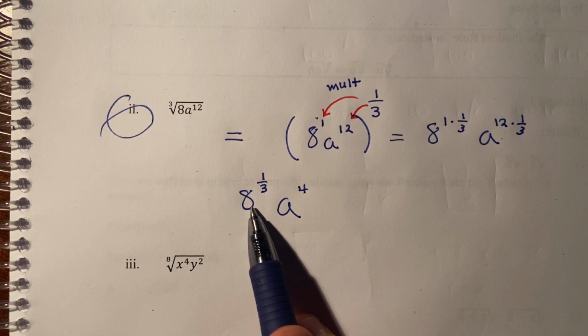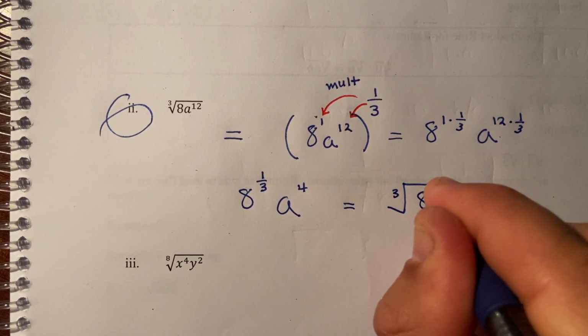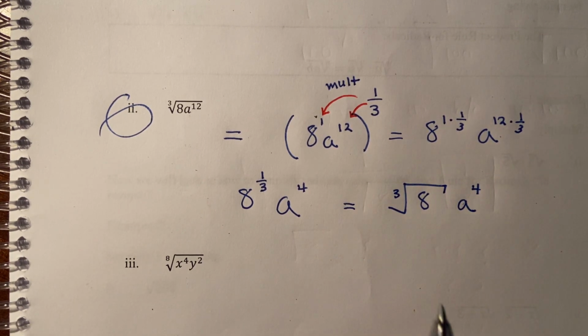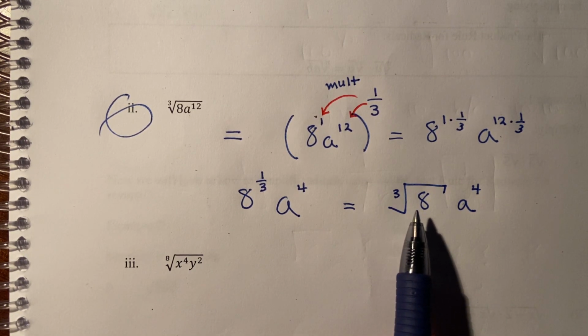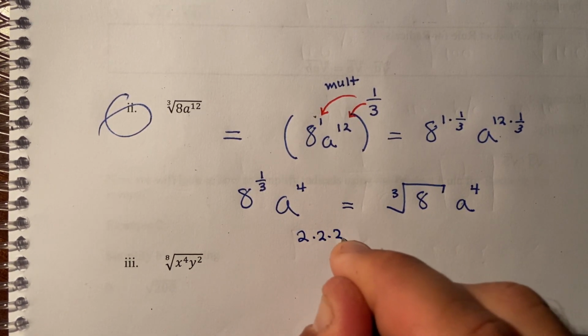I know the 1/3 power can be written as the cube root. And I know that the cube root of 8 is 2, because 2 times 2 times 2 is 8.